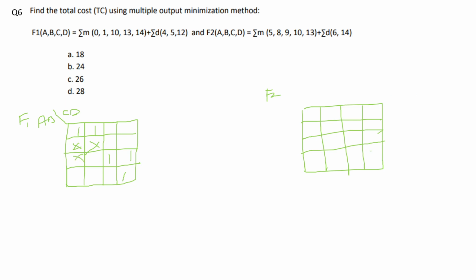And for this I have 5, 8, 9, 10, 13, and 6 and 14, right? So this is A B, this is C D.